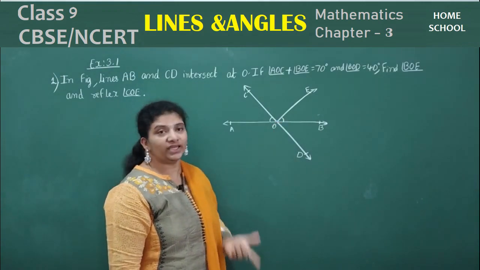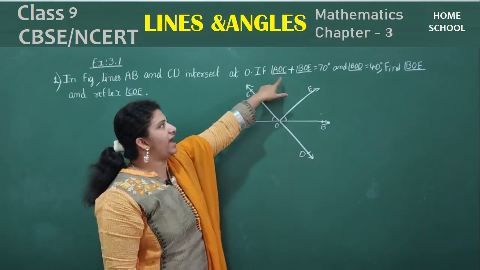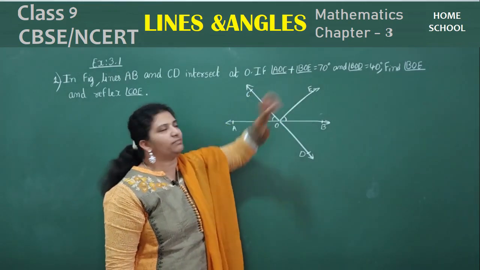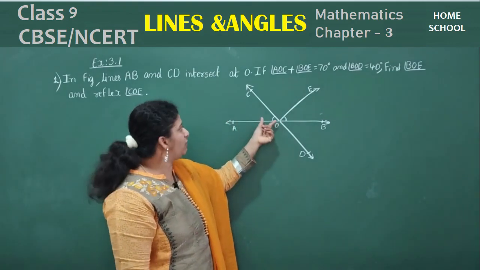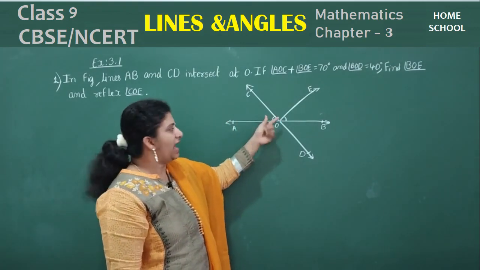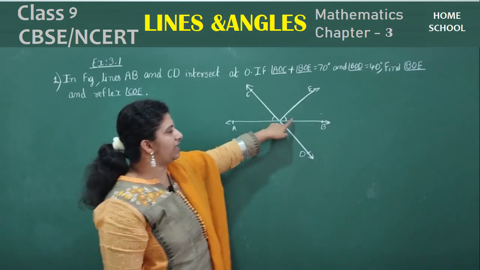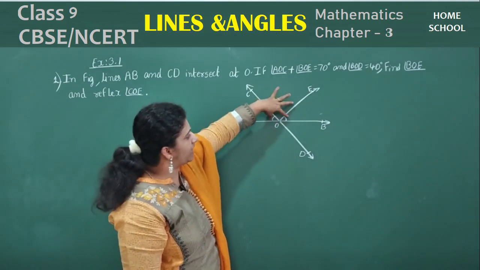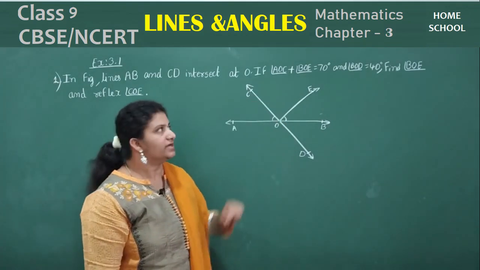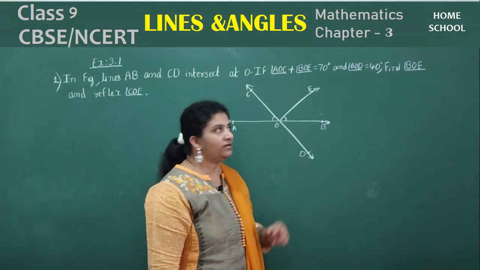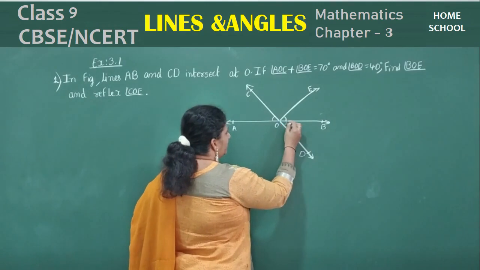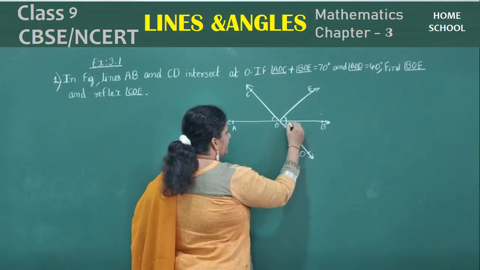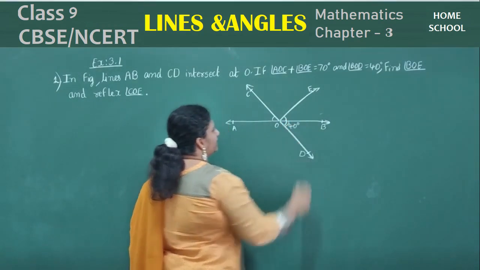So what we need to find here? If angle AOC plus angle BOE is equal to 70 degrees, where is your angle AOC? This one. These two angles' sum is how much? 70 degrees. Still what is given? Angle BOD is 40 degrees. So let me write here, this angle is 40 degrees.